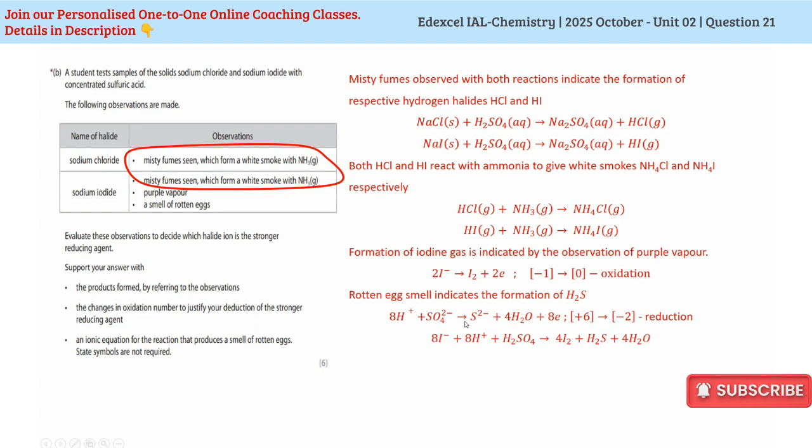So for this one, we can give a complete ionic equation as 8I- + 8H+ + H2SO4 gives 4I2 + H2S + 4H2O. And this explains why purple color is observed, and why the rotten egg smell comes is explained by formation of H2S.